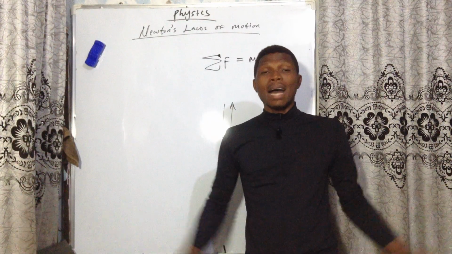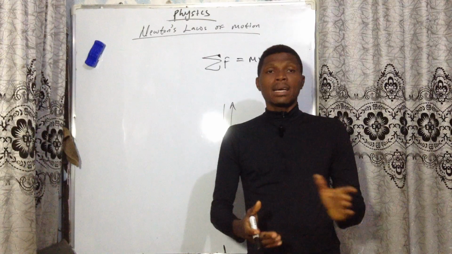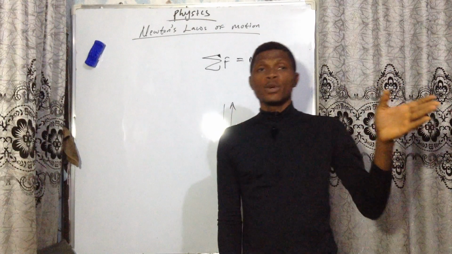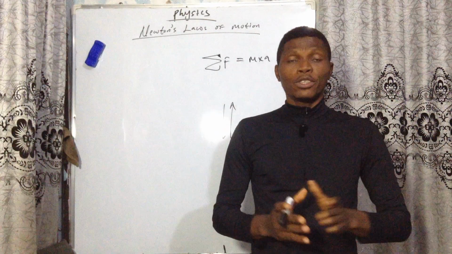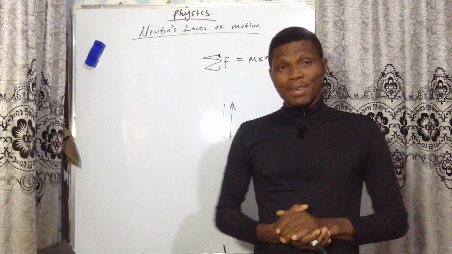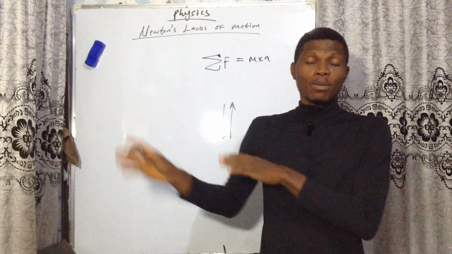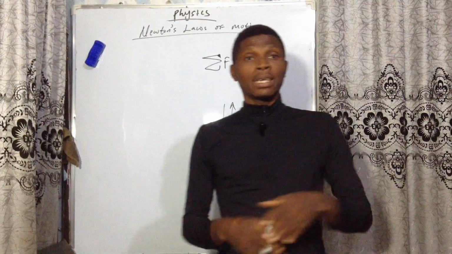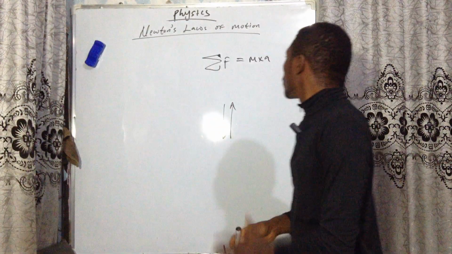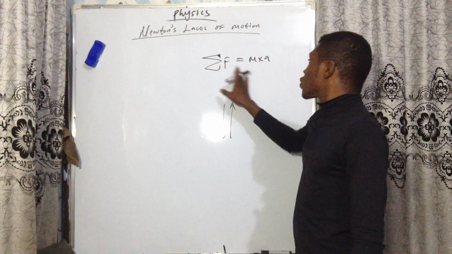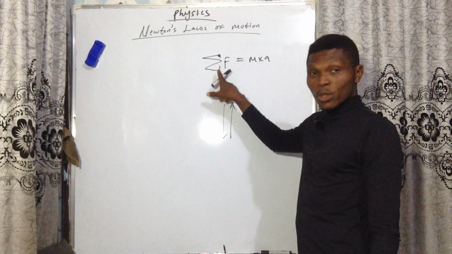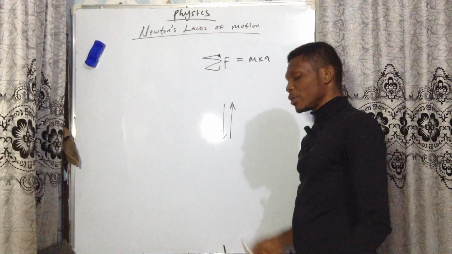I made a video about vectors, addition of vectors, parallel and non-parallel vectors. So it's in one of my videos, and you can go to my page and watch it. So this is the resultant force: summation F equals mass times acceleration.